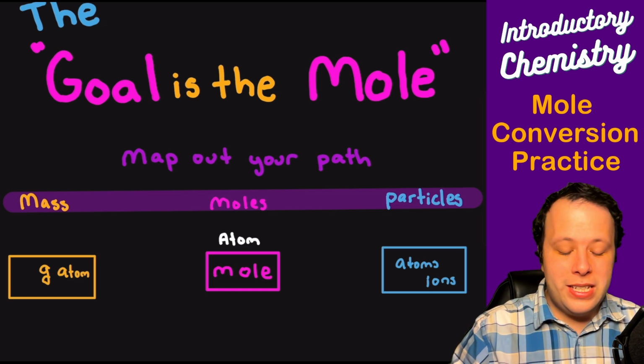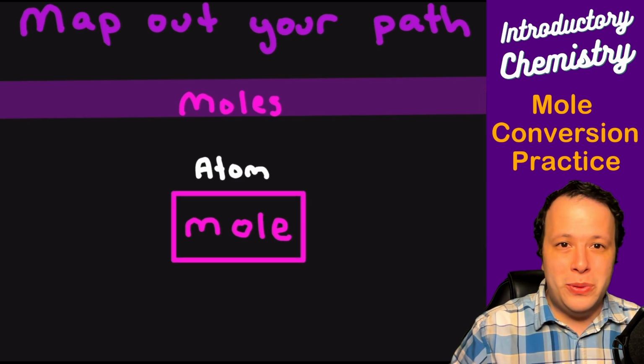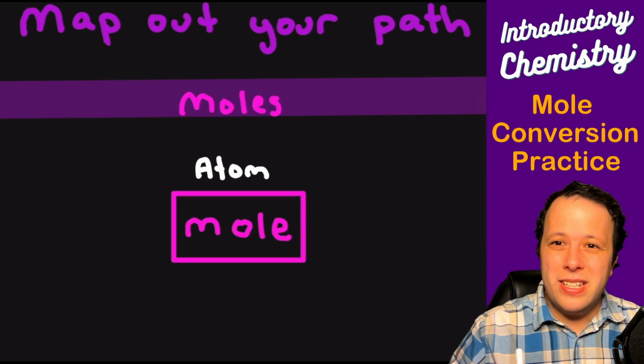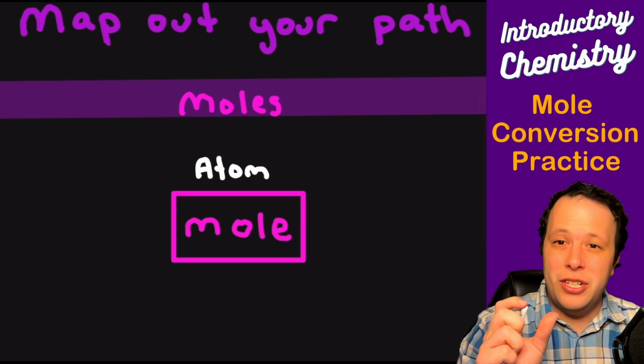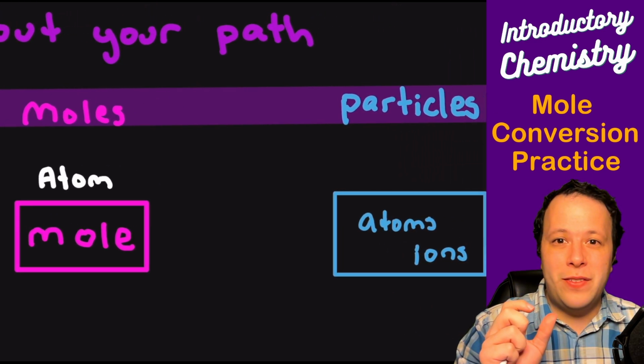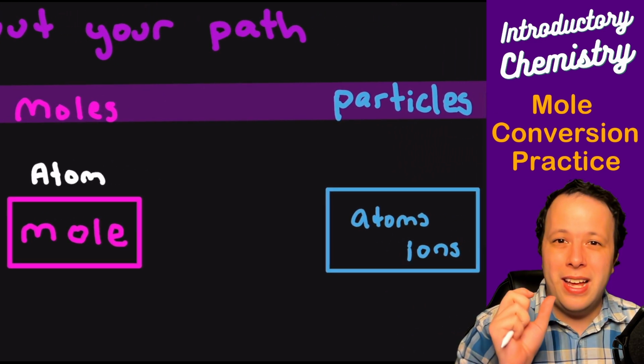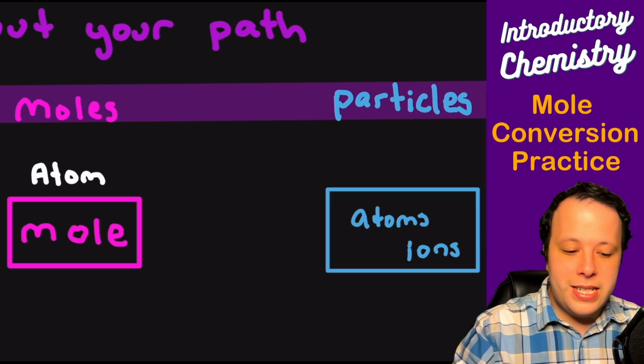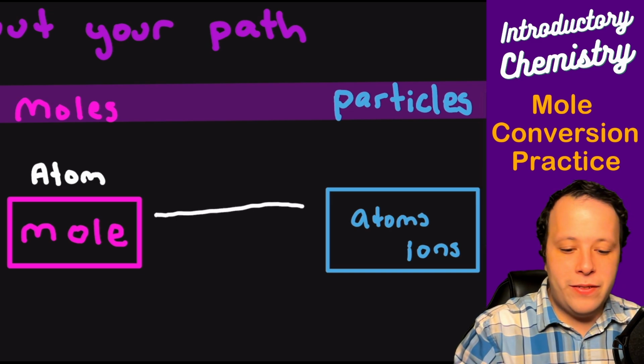So the first thing that we learned about when it came to moles was that we have this little simplified term that allows you to convert between moles and atoms. Now, what exactly did we do when we were trying to convert between these two different units?